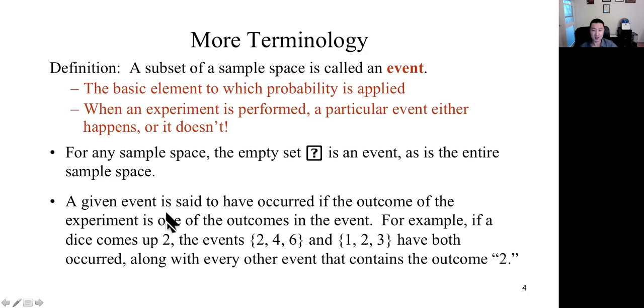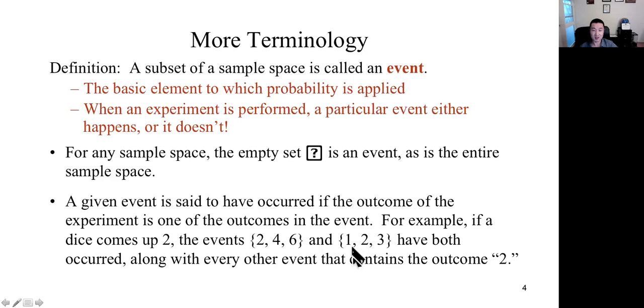A given event is said to occur if the outcome of the experiment is one of the outcomes in the event. So go back to the rolling a die experiment. If the die comes up with a 2, then the event of an even number, which includes 2, 4, and 6, occurs.